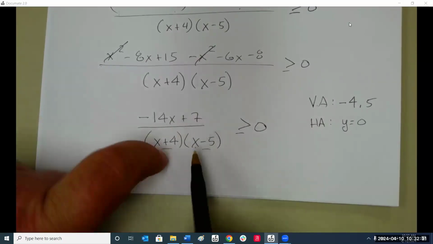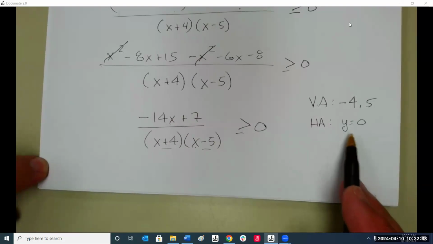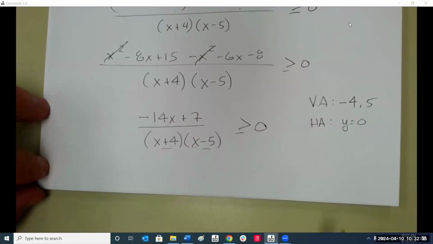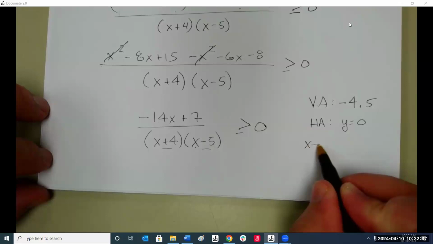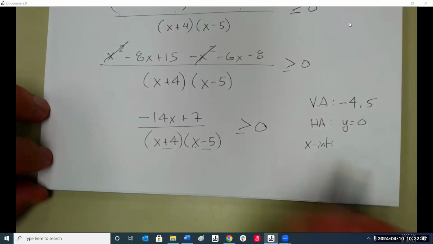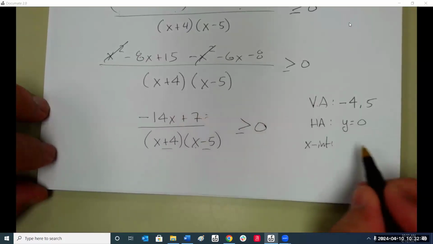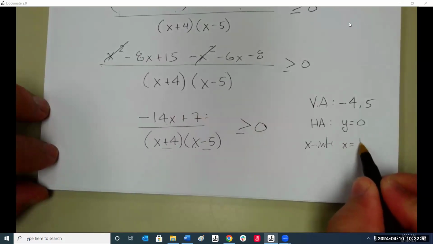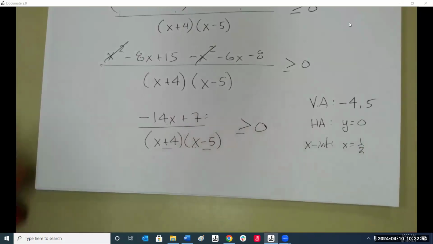So it's x over x squared. As x goes to infinity, it goes to 0. What are my x-intercepts? Set the top equal to 0. So 14x equals 7. 7 divided by 14 is 1/2, so x equals 1/2.